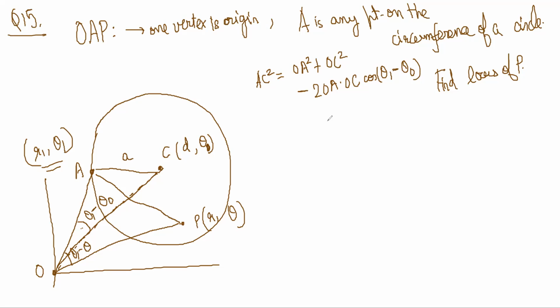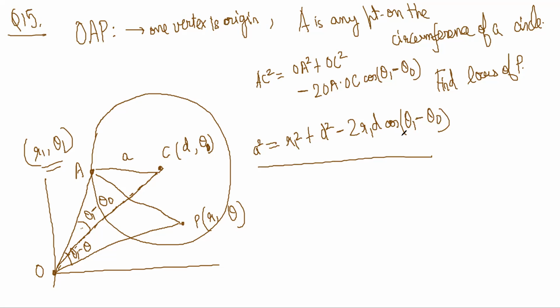So AC square is simply a square. OA square is r1 square. OC square is d square minus 2 r1 d cos of theta 1 minus theta 0. This is one relation we have.